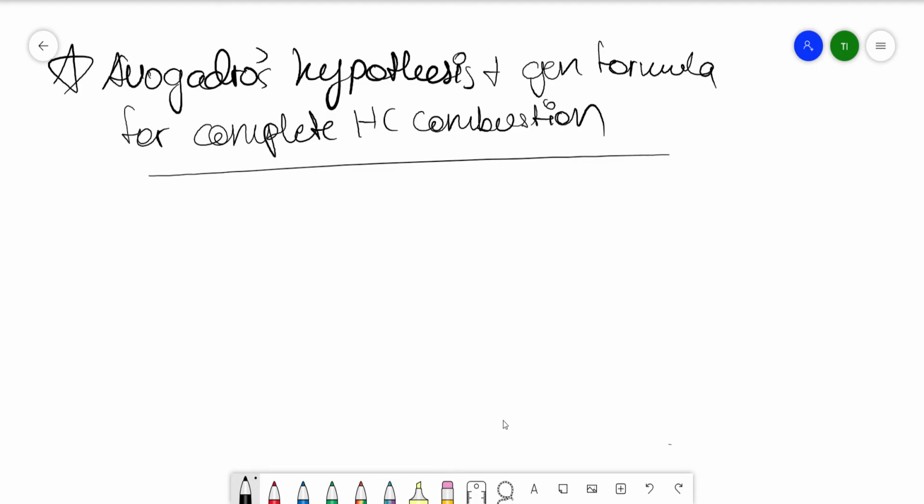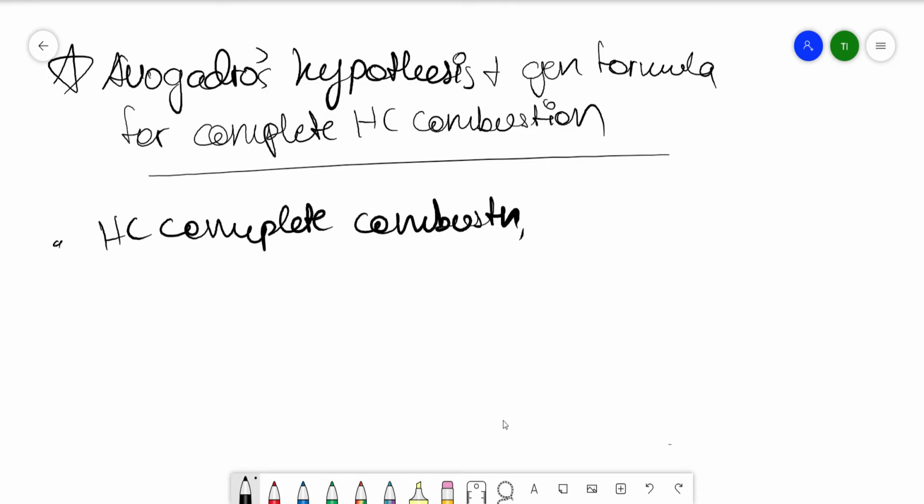From your IGCSE years, and something that will also be covered in your AS this year, you know that when a hydrocarbon undergoes complete combustion, it produces CO2 plus H2O, right?